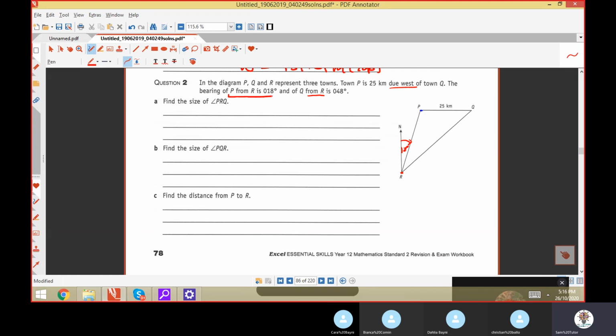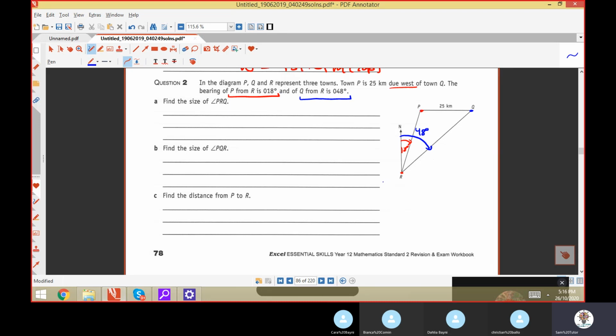So P from R, 18 degrees is looking from here, but it says from R, that's connecting to P, that's 18. Well, the next part here I'll do in blue so you could see how to differentiate between those two angles. Here it is. Q from R is 48 degrees, so from R, you rotate all the way around here, and that gives us 48 degrees.